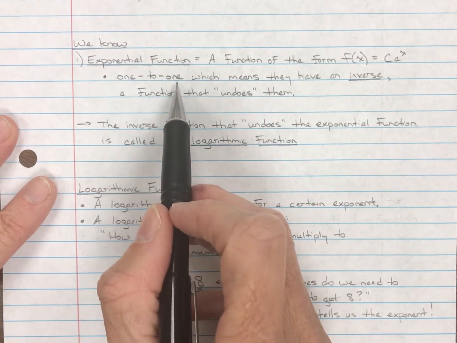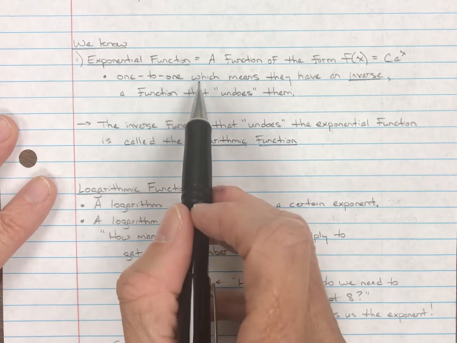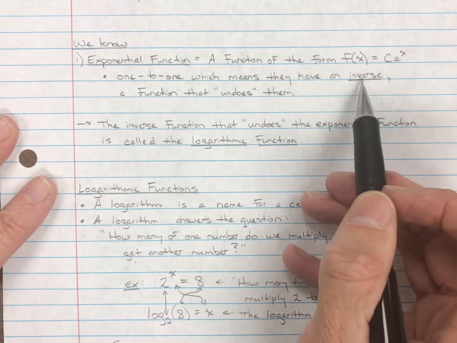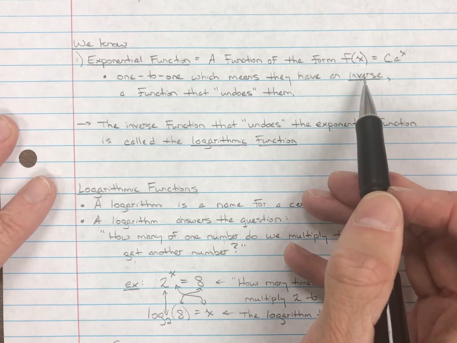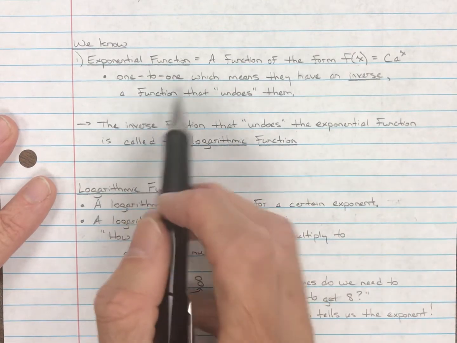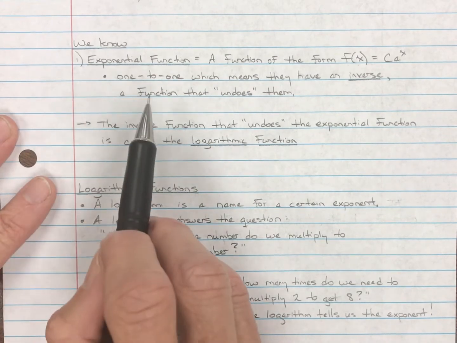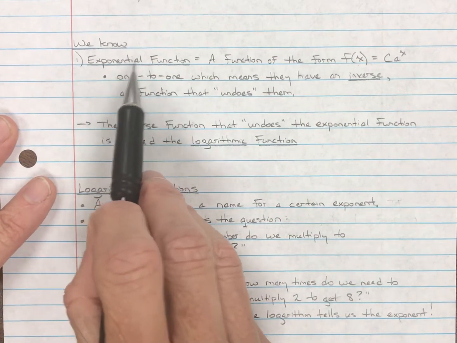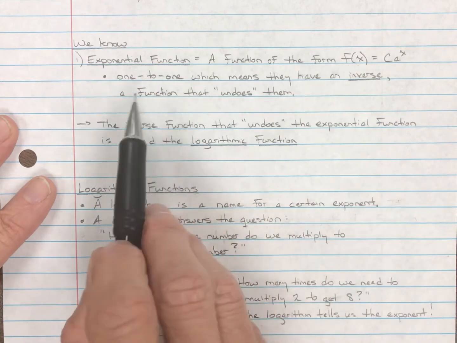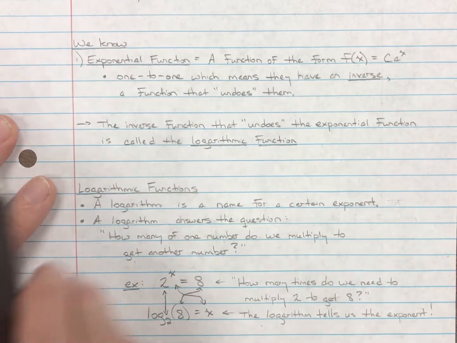And we know that when functions are one-to-one, that means they have an inverse. An inverse is a function or an operation that undoes the original function or operation. So exponential functions have an inverse, a function that undoes them.